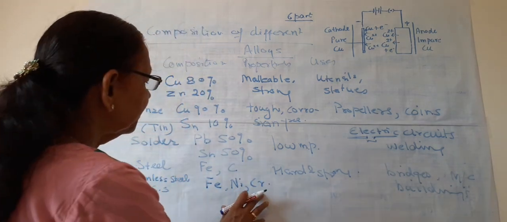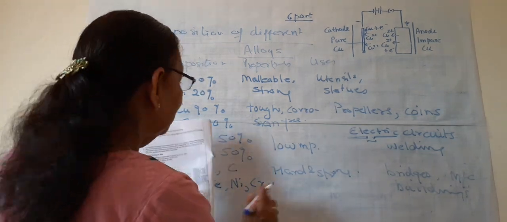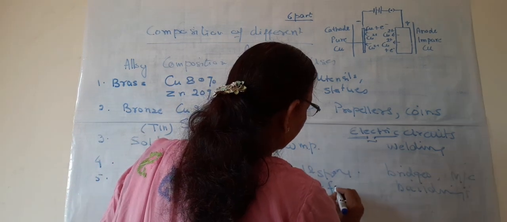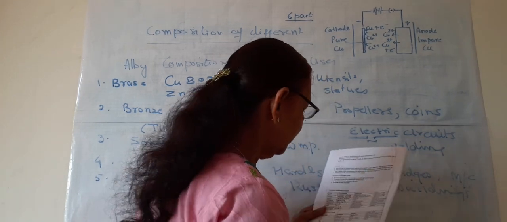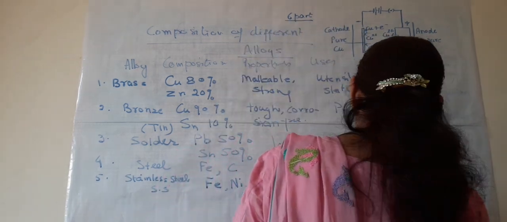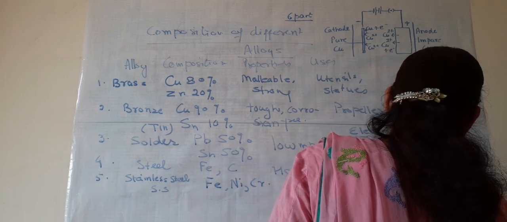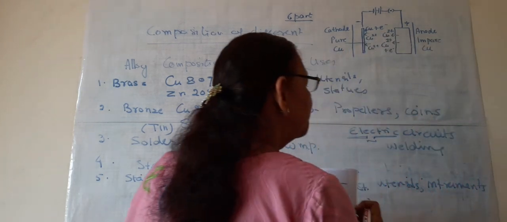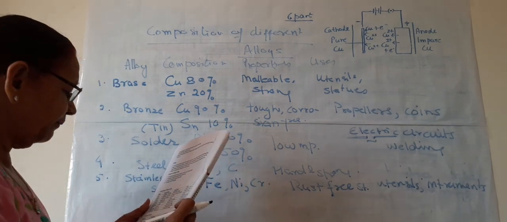These three are joined in different proportions for making different types of stainless steel. One of the important properties is that it is rust free, non-corrosive and strong, and it is used for making utensils and instruments also. You must have seen medical instruments. Medical instruments are also formed by stainless steel. So this is the fifth one.